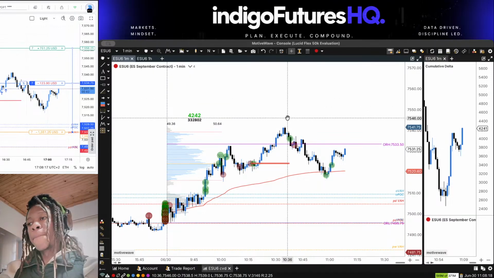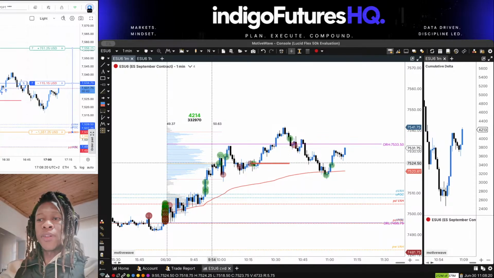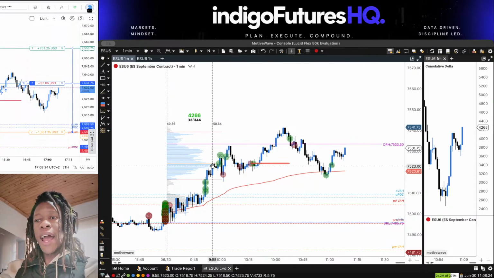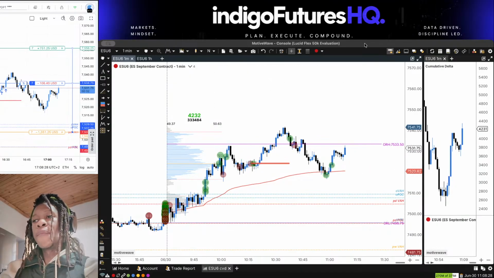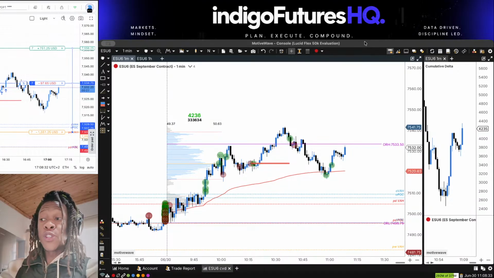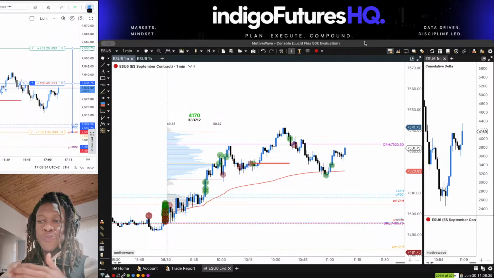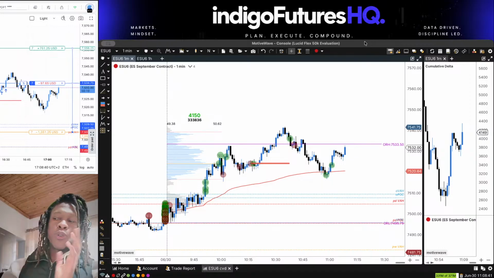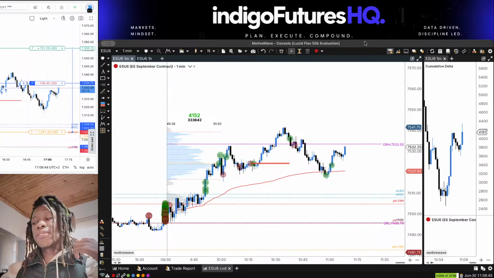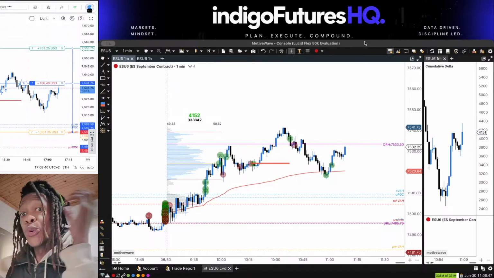An even better statistic is once we have a value area high and the point of control above the initial balance, then it was almost 70 something percent. And this was within my trading window, before lunchtime traders come in and ruin the market.